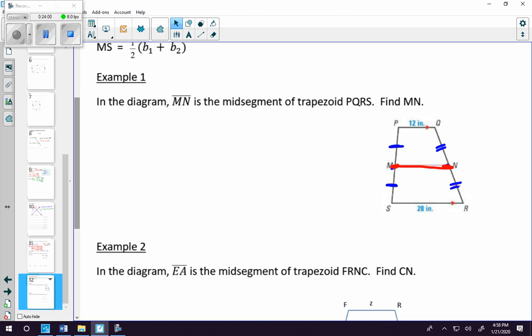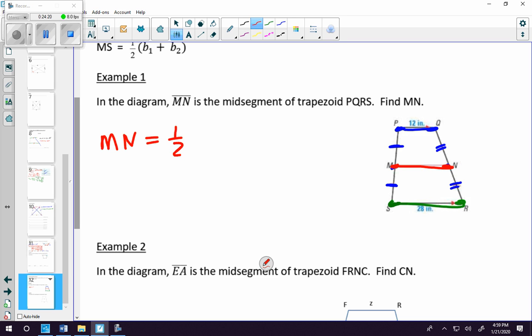And to find the length of the mid-segment in a trapezoid, you take the length of the 2 bases, which I just highlighted in blue and green, and you add them and take half of that. So the mid-segment, which is in red, that segment MN, is equal to 1/2 the sum of the length of the 2 bases. Well, what are the base lengths?